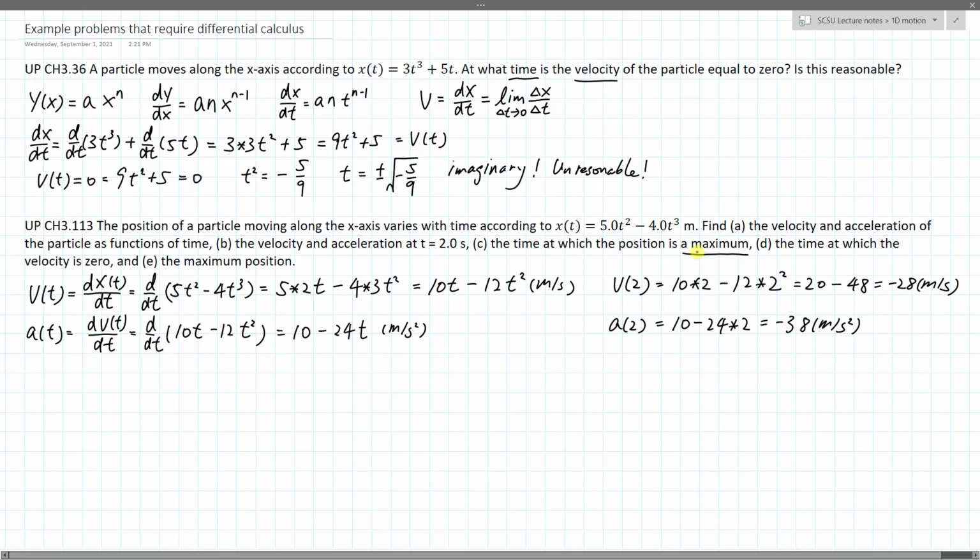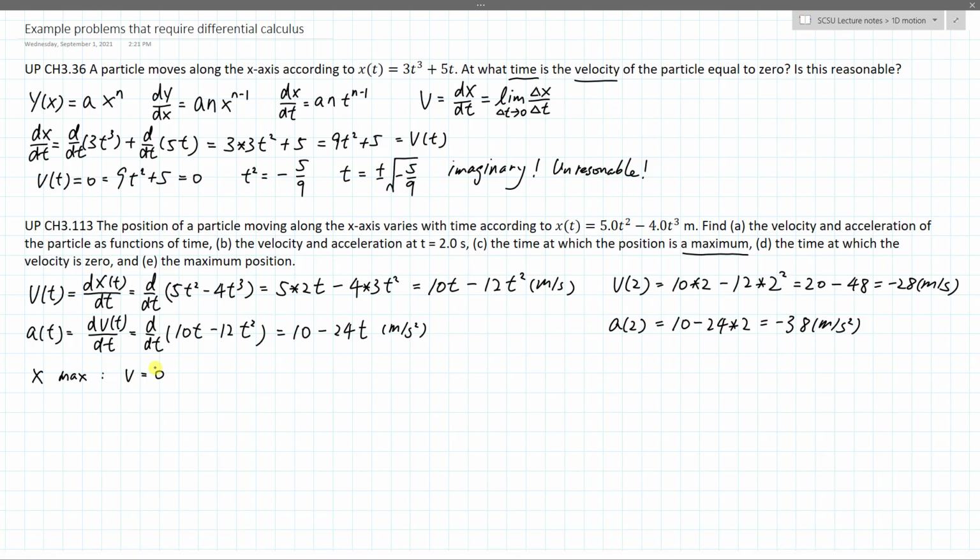So for the maximum position, x max, I require the velocity equals 0. Okay, so that's one possibility, and let's go ahead and do that. Velocity equals 0, and that's the expression.